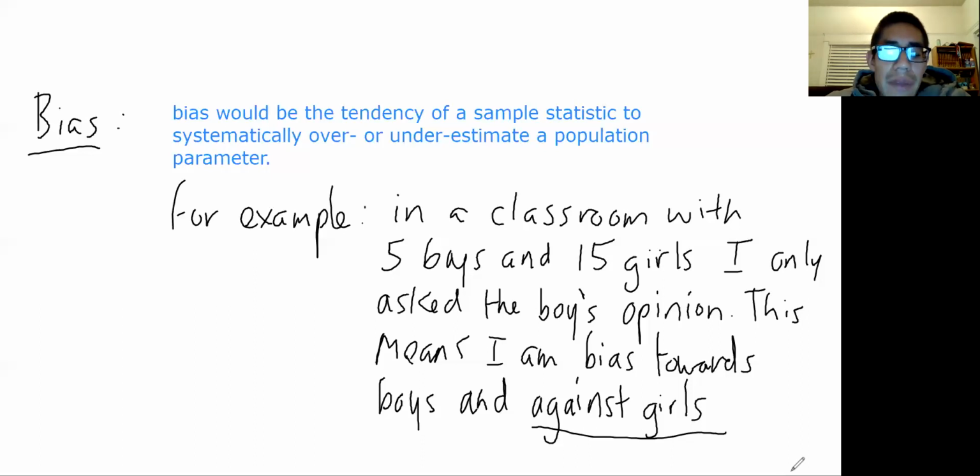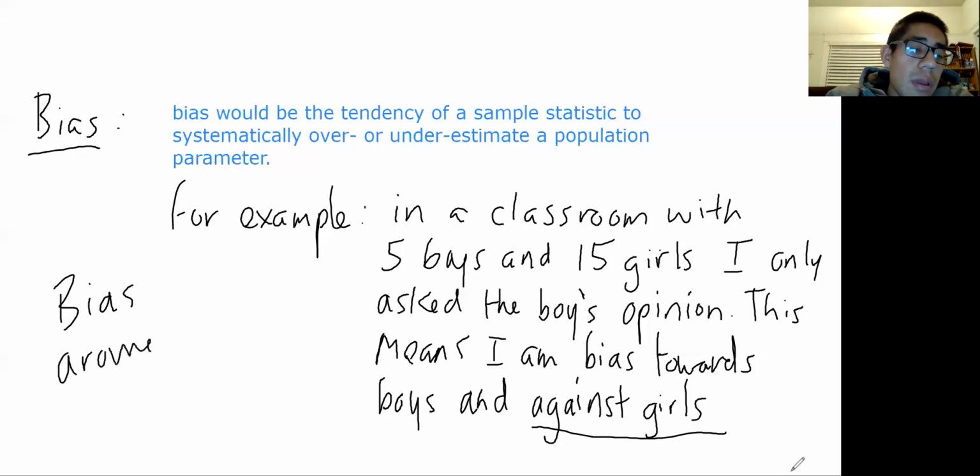We can never get rid of bias 100%, but that doesn't mean we shouldn't try. We should always strive to figure out what our biases are and to figure out a way around them, or to basically account for them.